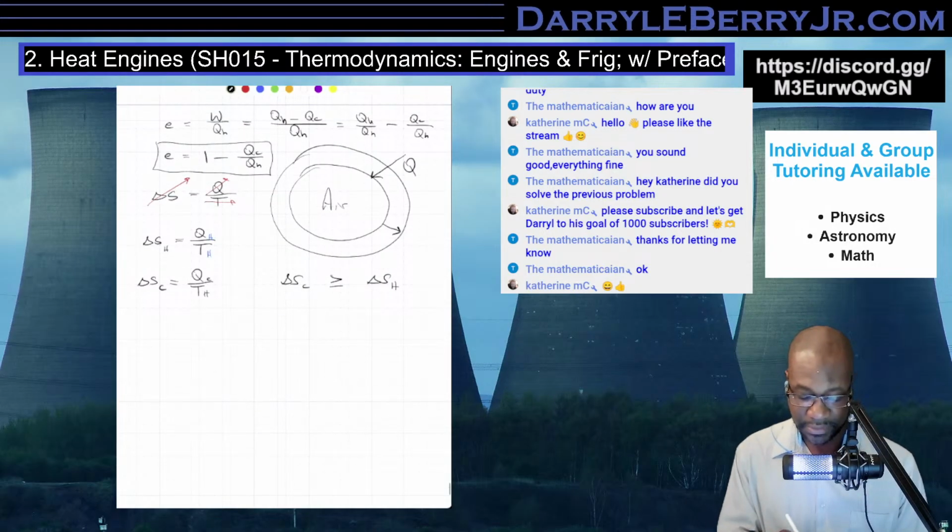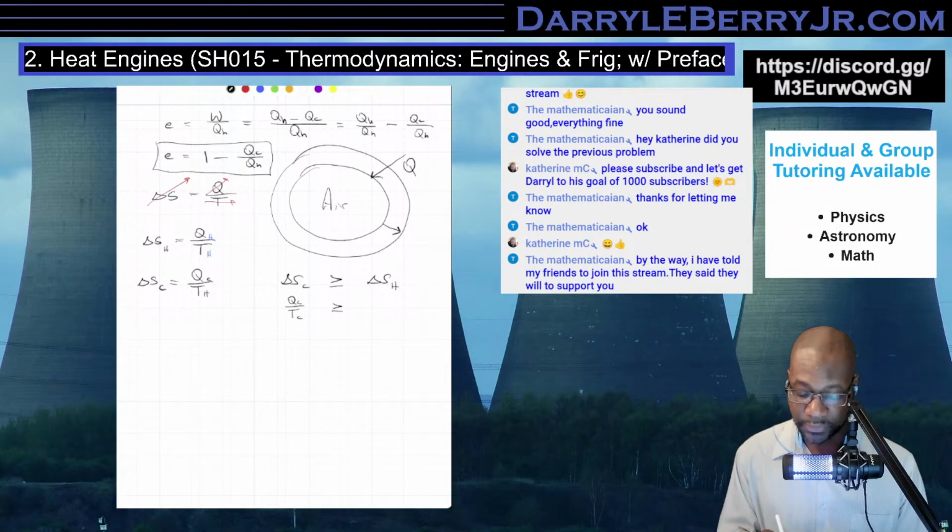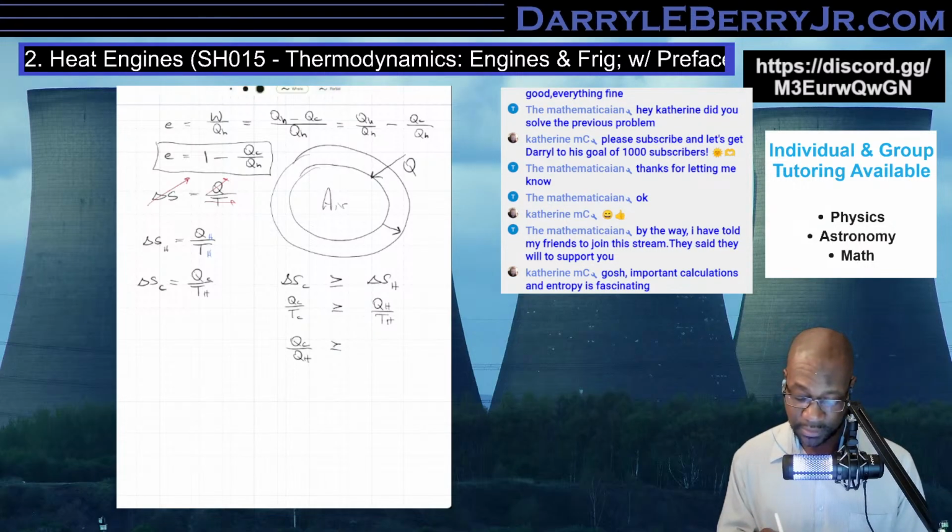So if we were to plug this in, we can say that QC over TC is greater than or equal to QH over TH. And if we were to solve for this to put this in the same terms, we could say QC over QH is greater than or equal to TC over TH.